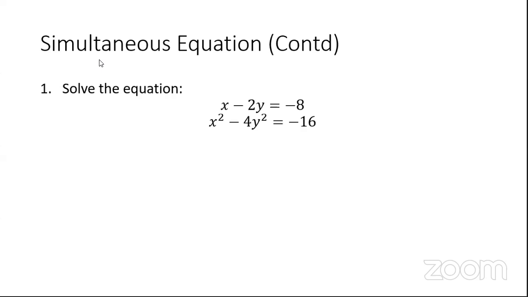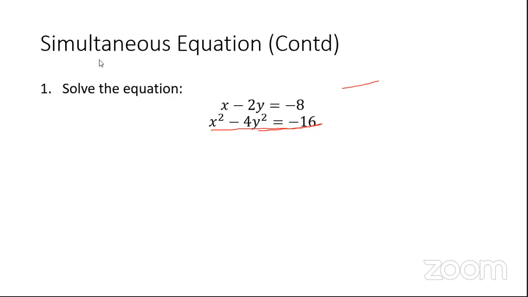Now, like somebody said the other time, that is a difference of two squares if you look at this truly. So just leave equation one, equation one is okay. But let's go to equation two. If you look at that, you realize that we have a difference of two squares.